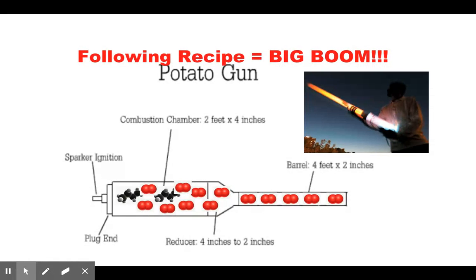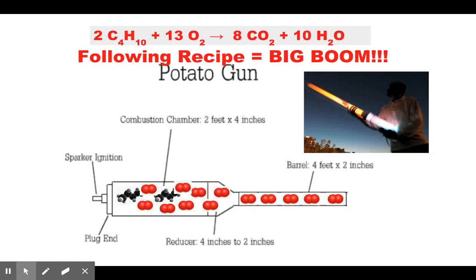We're going to be looking at the butane, C4H10, interacting with that O2. Now, if we think about this, check out our stoichiometric ratio. We need 2 molecules of butane, C4H10, for every 13 molecules of oxygen.